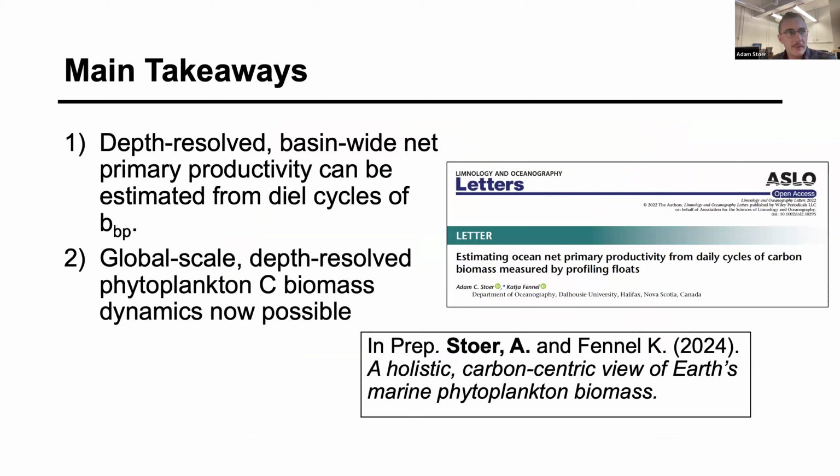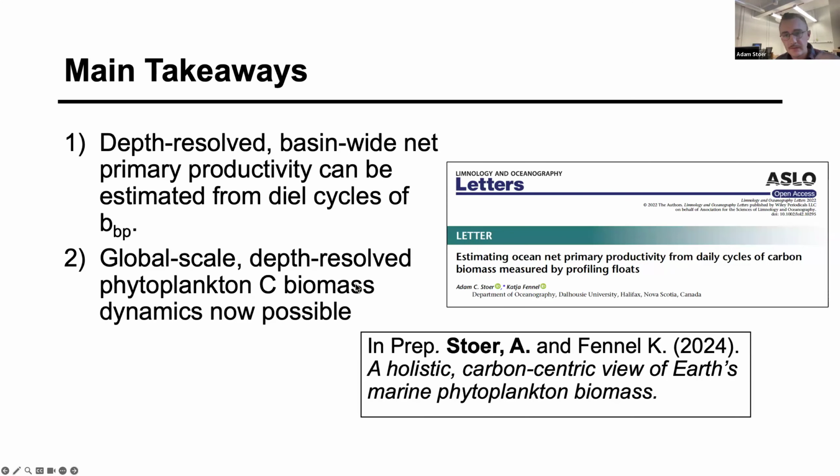And so I'll finish up the main takeaways for these two parts. The first being that we can get depth resolved net primary productivity from diel cycles of particle backscattering. And that's from the work published in L&O Letters here with Katja Fennel.